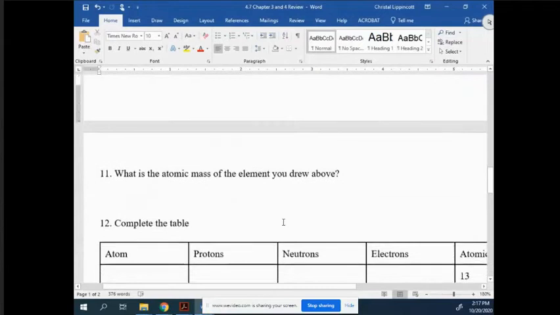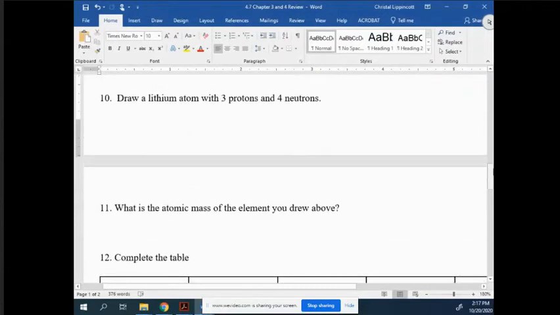If we were to draw a lithium atom with 3 protons and 3 neutrons, the protons and the neutrons, remember, are in the nucleus. So I'm going to do the protons as a dot and the neutrons as a circle. So there's my nucleus.